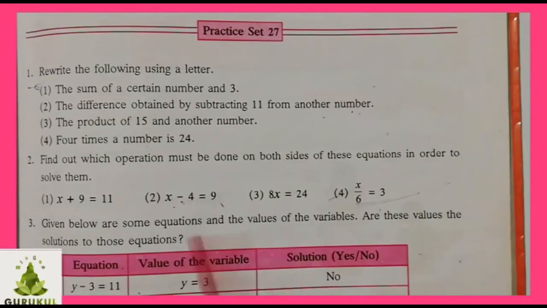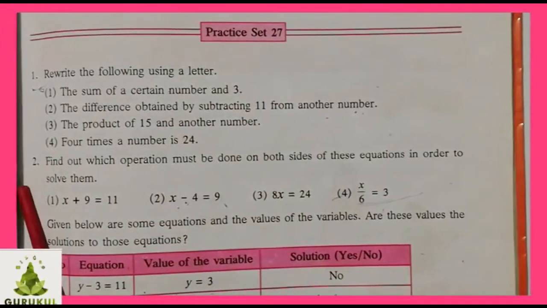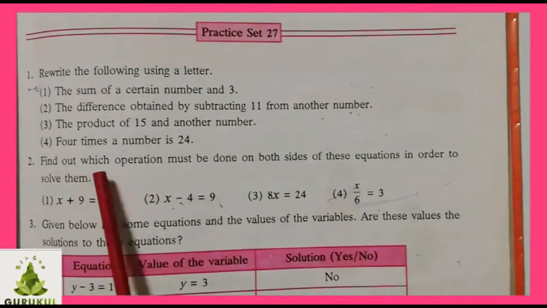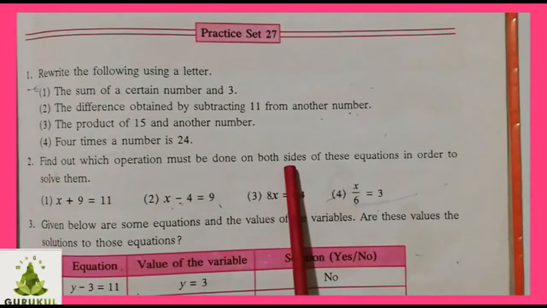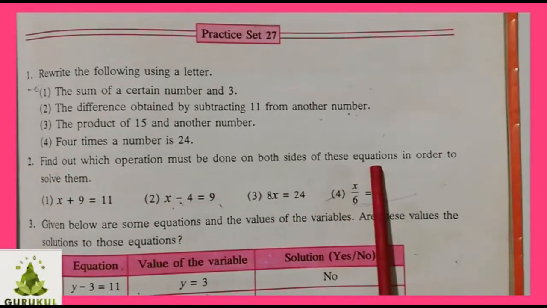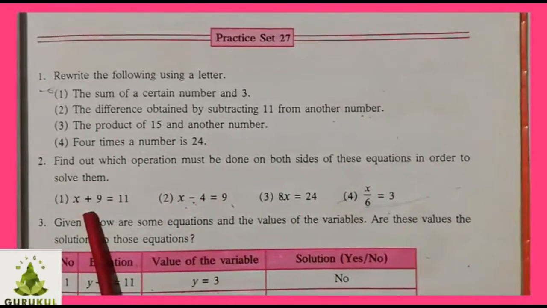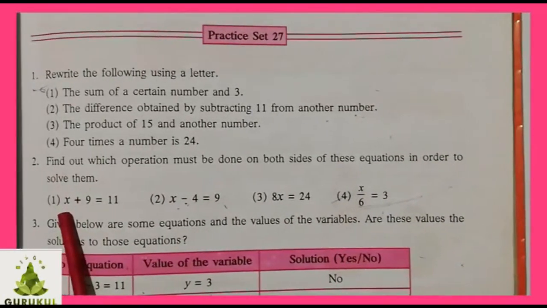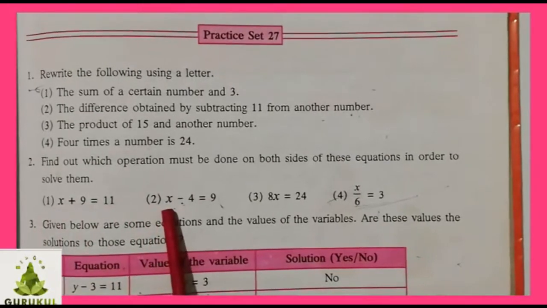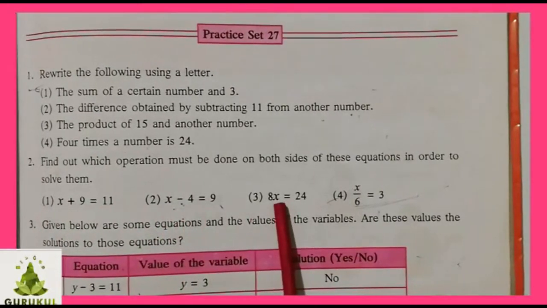Now practice set 27. In that, question number 2, we will see this one. Find out which operation must be done on both the sides of the equations. Two sides are there for the equation, LHS and RHS. To solve them means to find the value of the variable. Here the variable is x, and here also the variable is x.